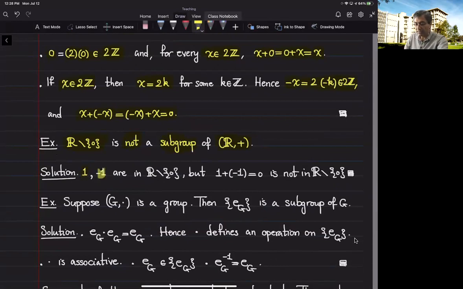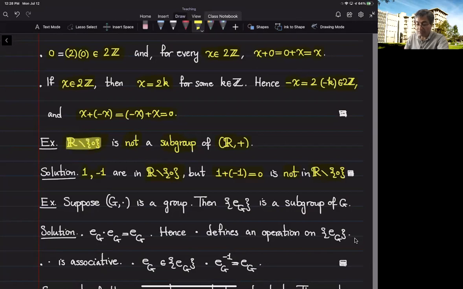If I give you 1 and -1, when I add them, I end up getting something that is not inside this set. 1 and -1 are here, but when I add them, the result is not here. That means addition does not even give us an operation on this set. Therefore, it's not going to be a subgroup of R under plus.